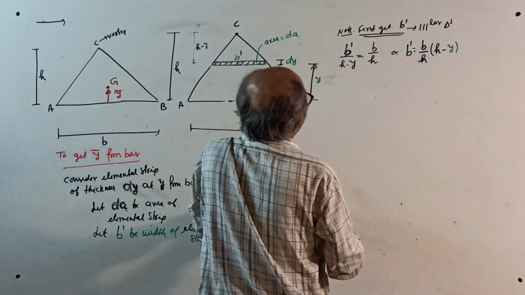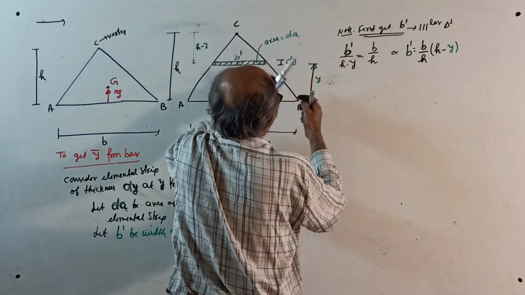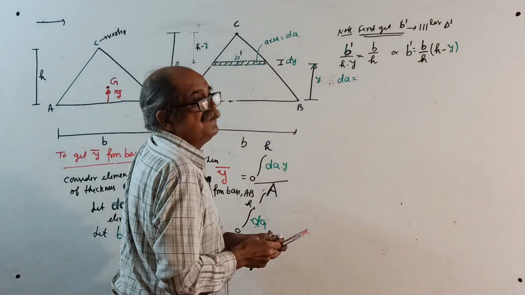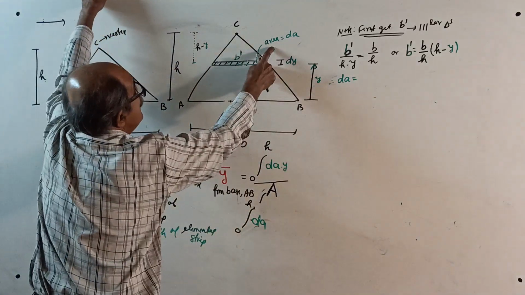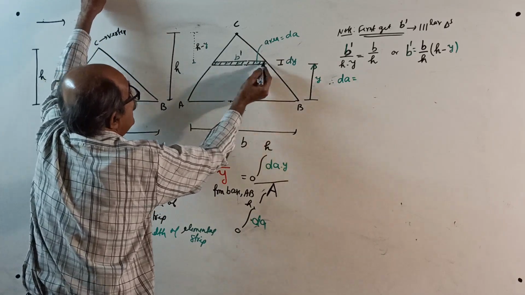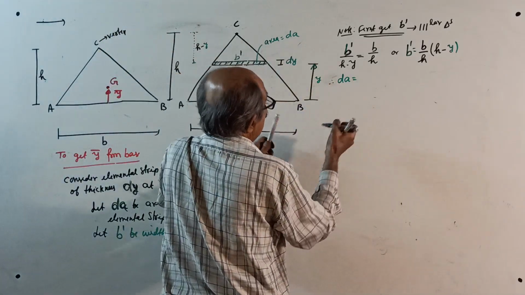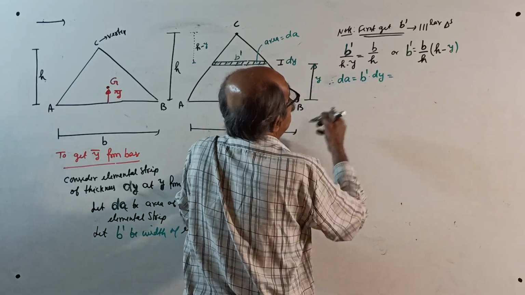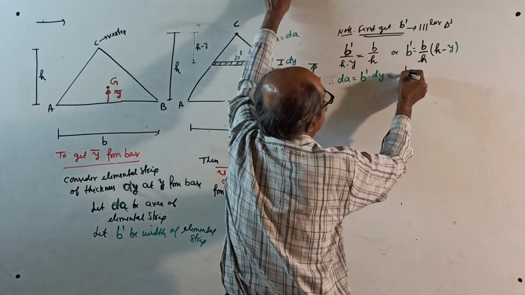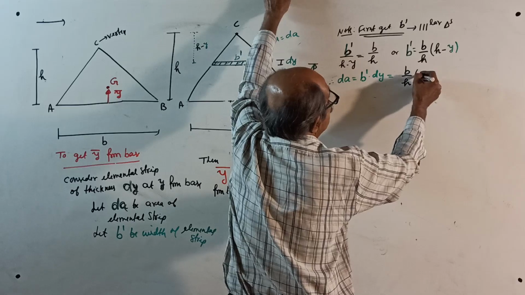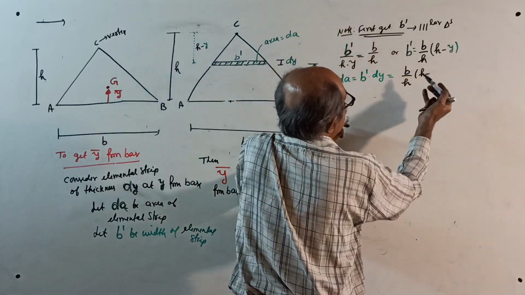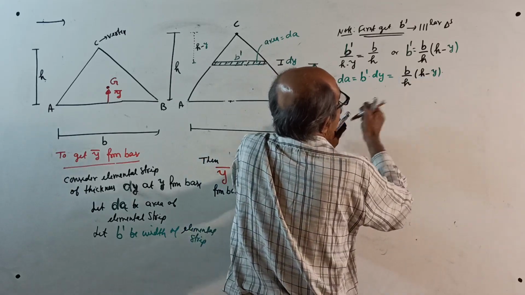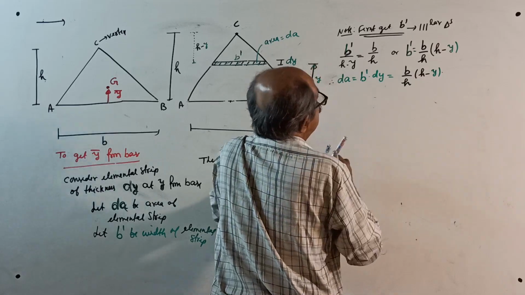Done. Now write. Therefore, dA is the area of the elemental strip, which is b dash into dy, equal to b by h into h minus y into dy.